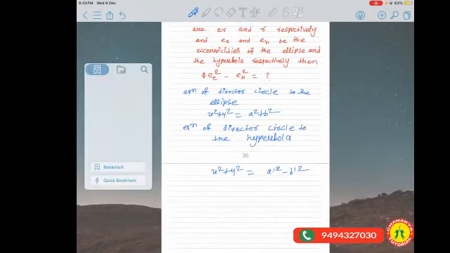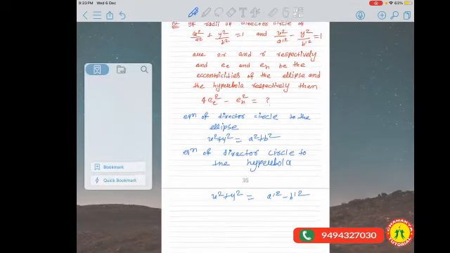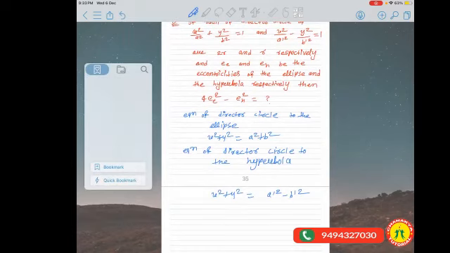So we need to solve. It means a square plus b square is equal to, given है what? This is the radius, right? This is the a square plus b square is equal to r square given है basically. Now we can do that.